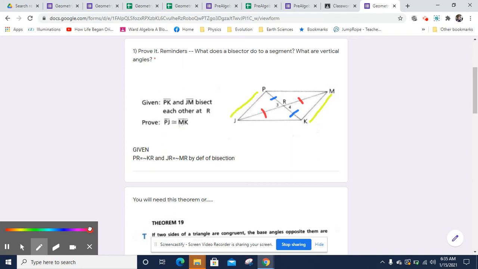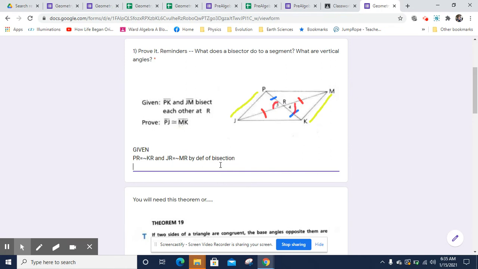So let's label them as congruent. The reason is that they're vertical angles, the vertical angle theorem. So angle 3 is congruent to angle 4 by vertical angles theorem.